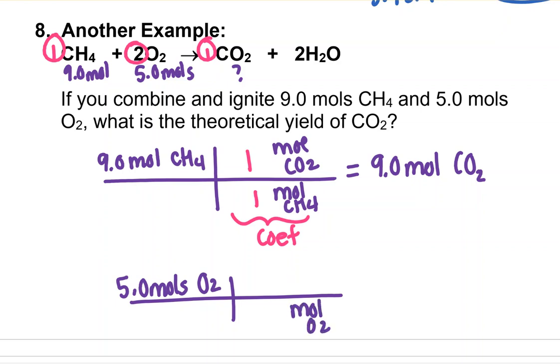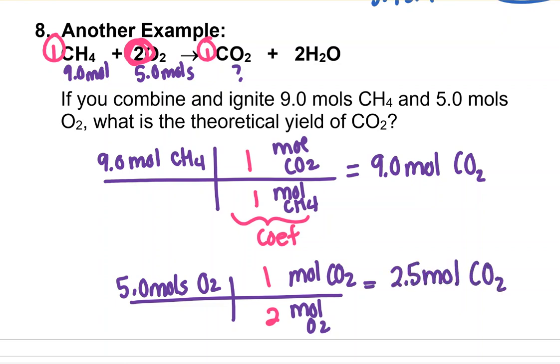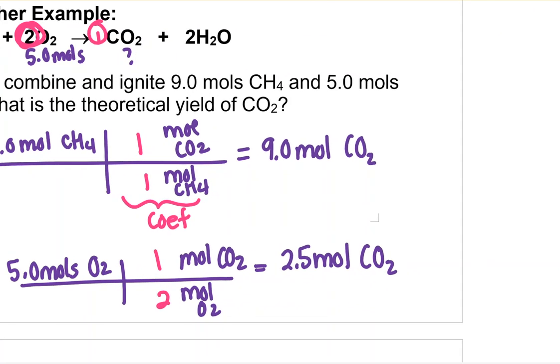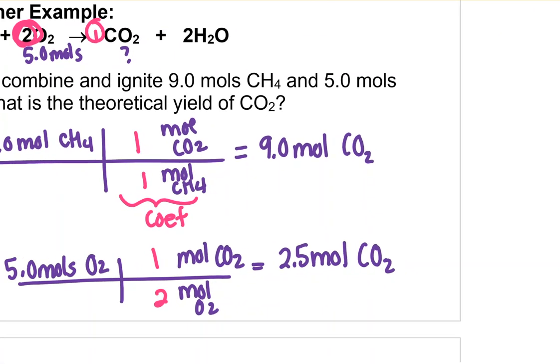I have to make this cancel, that's why it's down there. And again, the coefficients this time are a 2 for the oxygen there, and a 1 there. Okay, and again, I compare the two predictions.